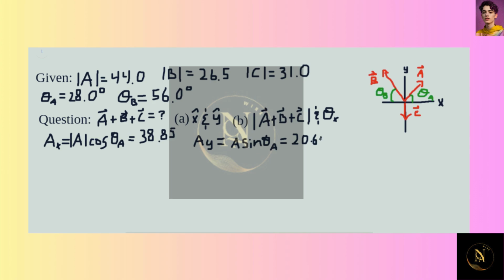Now we want to carry out these exact same actions for B x and B y. B x is the magnitude of B times the cosine of theta B. The magnitude of B is 26.5. You multiply 26.5 times the cosine of 56, and that comes out to be minus 14.82.